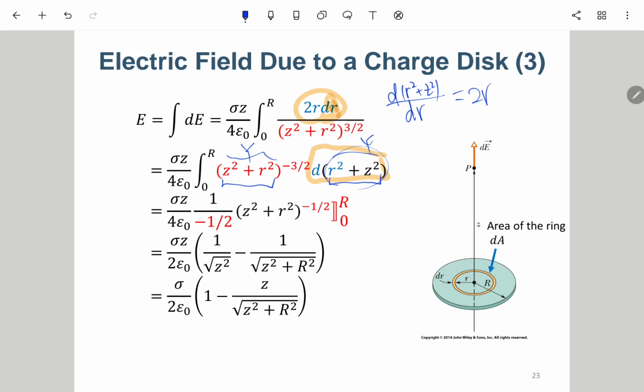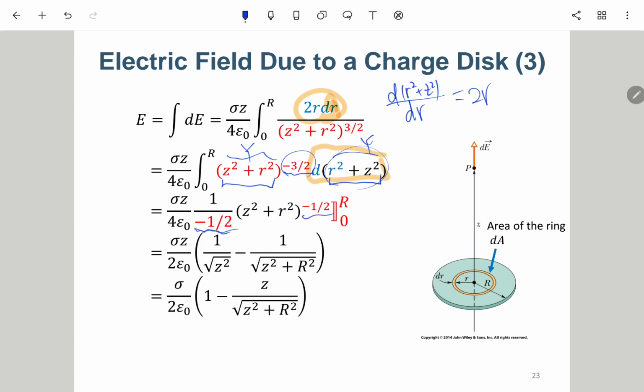For the power function, the antiderivative is nothing but adding 1 to the power, and then dividing by this resulting power. So negative 3 over 2 plus 1 will be negative 1/2, so we need to divide by negative 1/2 in front.